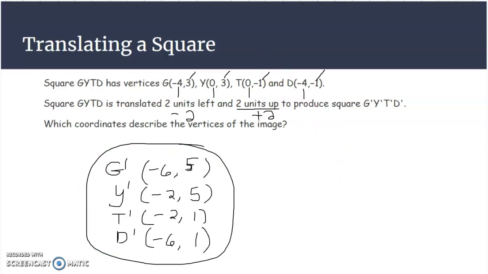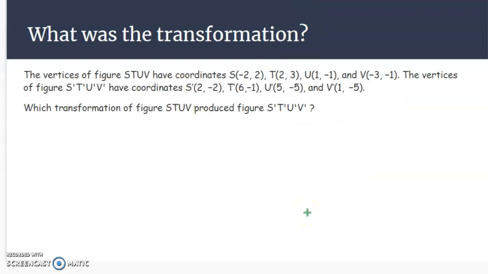Let's look at another one. This time we're asking what was the transformation. So we have the vertices of figure STUV, a quadrilateral, has these coordinates. The vertices of S prime, T prime, U prime, V prime have these coordinates. And the question is, what transformation of the figure STUV produced S prime, T prime, U prime, V prime?